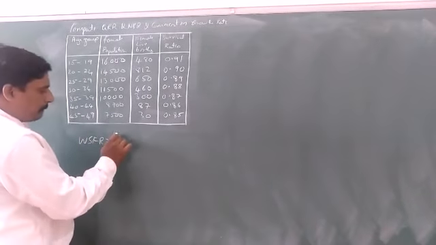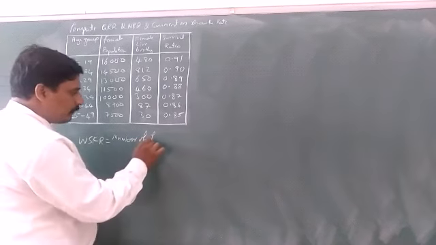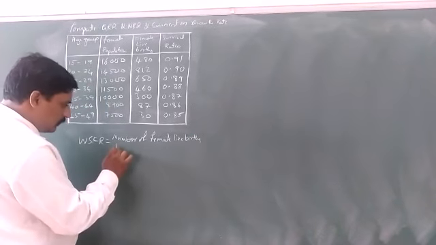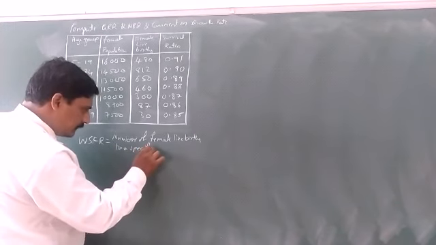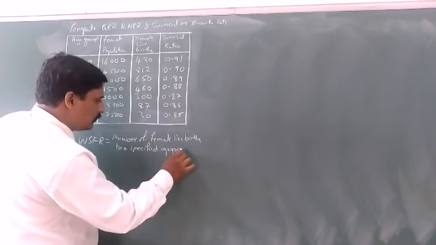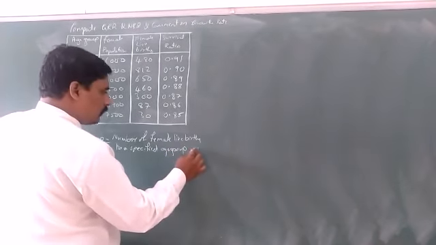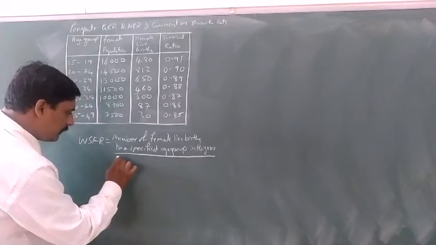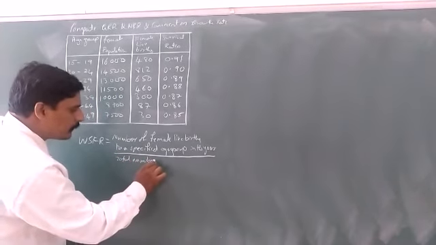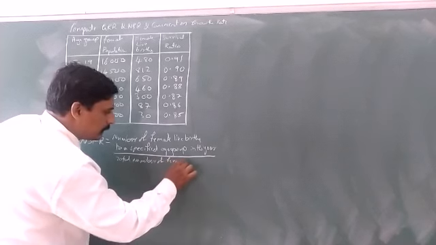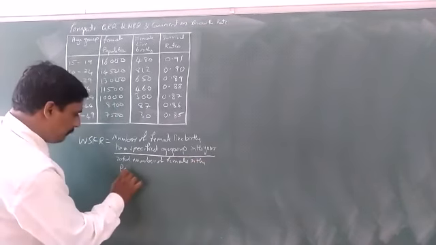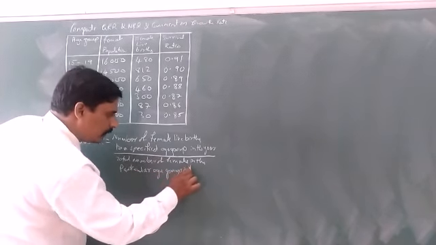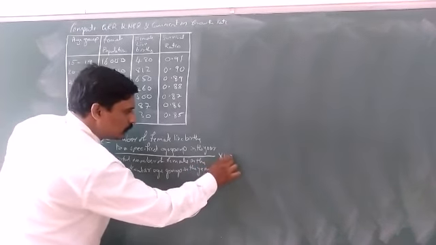WSFR is equal to number of female live births to a specified age group in the year divided by total number of females in the particular age group in the year into 1000.